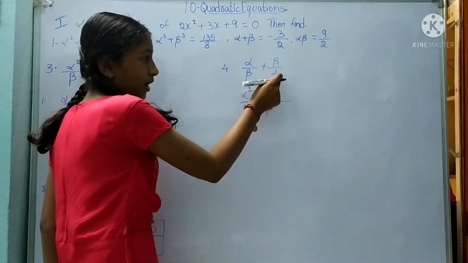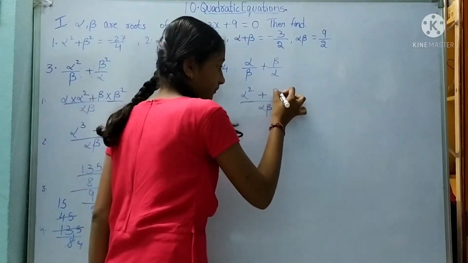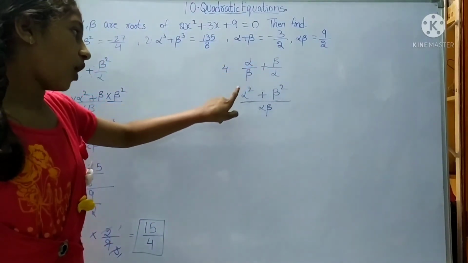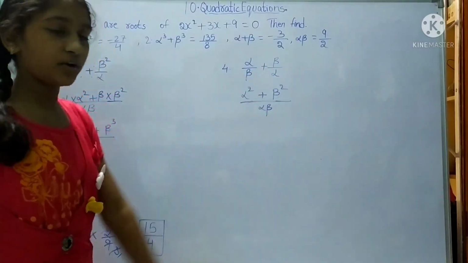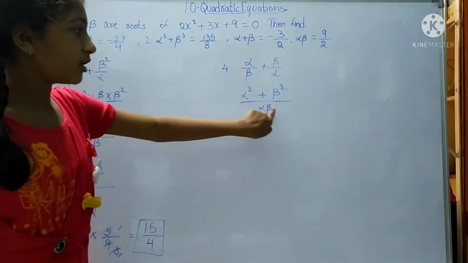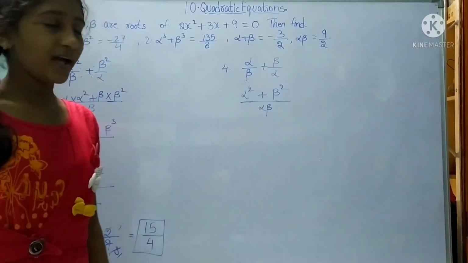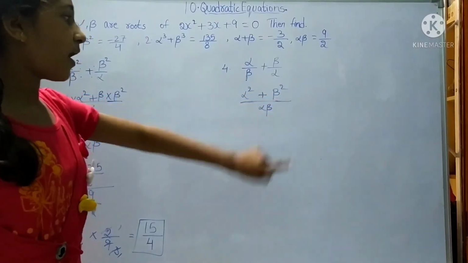Plus here alpha is there but not beta. So beta into beta, beta square. Or in the butterfly method, alpha into alpha, alpha square, beta into beta, beta square, and beta into alpha, alpha into beta. Or here you can write beta alpha or alpha beta. Anything. Okay? See here, alpha square plus beta square by alpha beta.